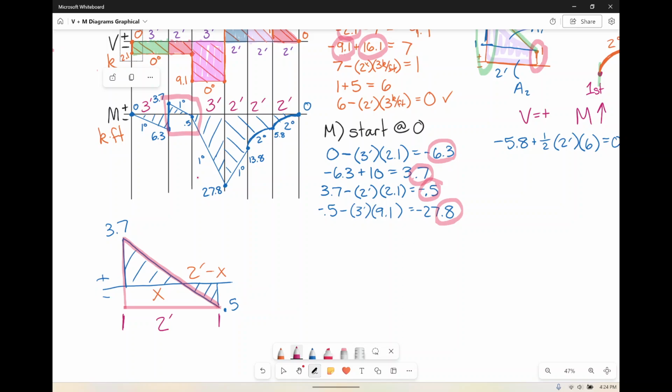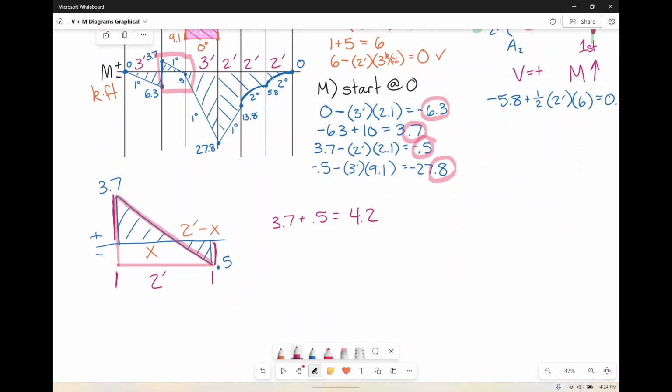The full height of the triangle is whatever 3.7 plus 0.5 is, because we went down 0.5 here, and this is up 3.7. So the grand total is, I have to do that math in my head, 4.2.